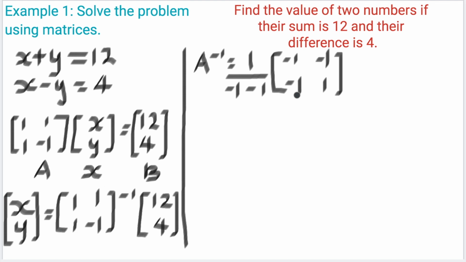And then the next part is to multiply the coefficient times all the values inside. Now this step here, I'm going to use mental math. So if you don't know how I got the answers here, pause the video and go through the process on paper to verify that we get the same answers. 1 over negative 1 minus 1, this fraction here is like 1 over negative 2. If you multiply 1 over negative 2 times negative 1, that's going to give you a positive 1/2.